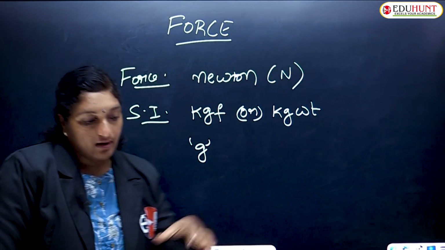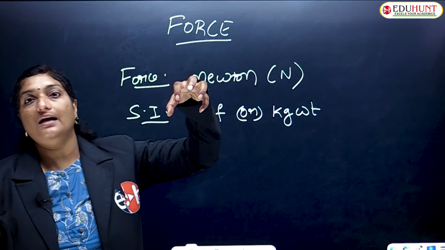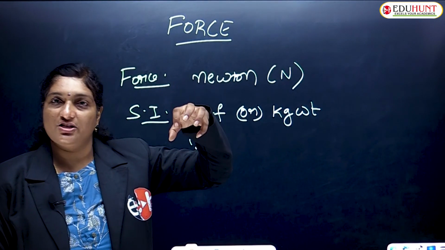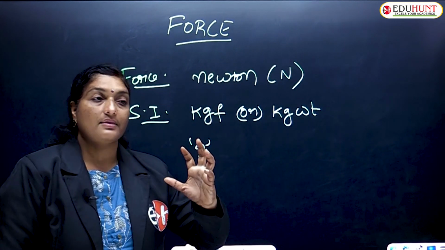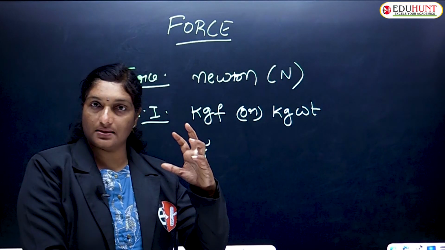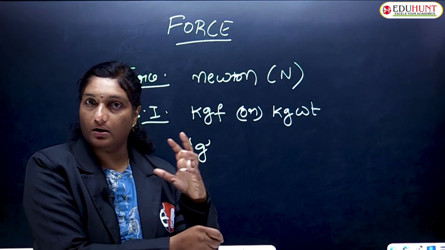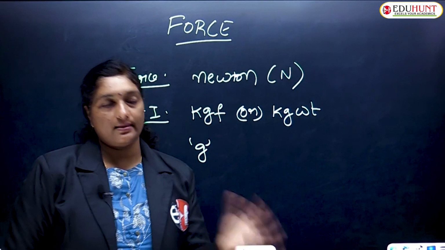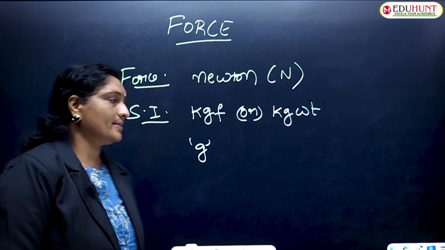Whenever we apply a force on it, the body is pulled against gravitation, the acceleration due to gravity. So if you consider a 1 kg mass, the amount of force acting by the earth's surface, that is the earth's pull, is called a kg force or kg weight.